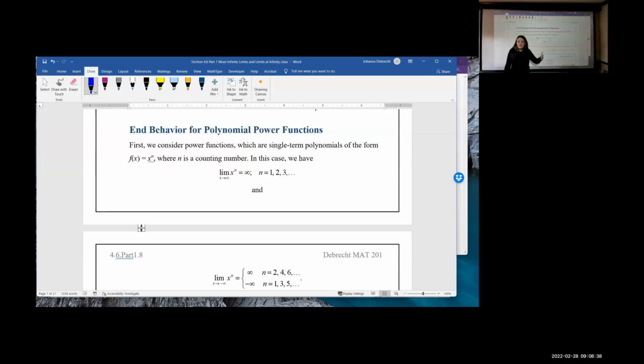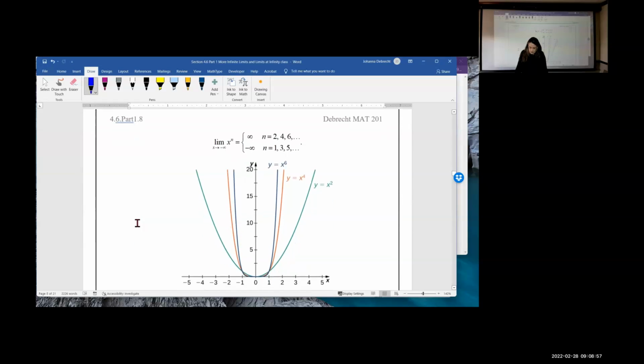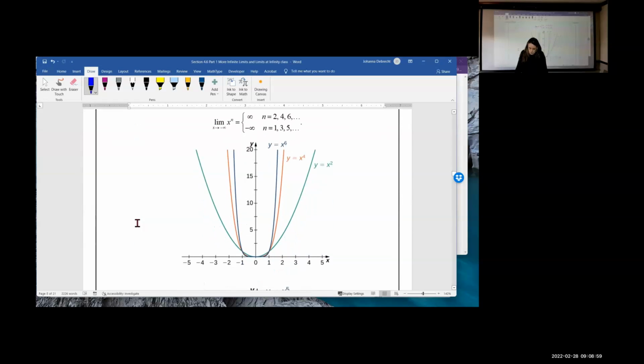The others, we tend to just call them constant functions, right? When you have x to the 0, you get 1, and so that makes it a constant function. So we're going to be looking at the power functions here, which are single-term polynomials, and talking about what happens to them as x goes to infinity or negative infinity.